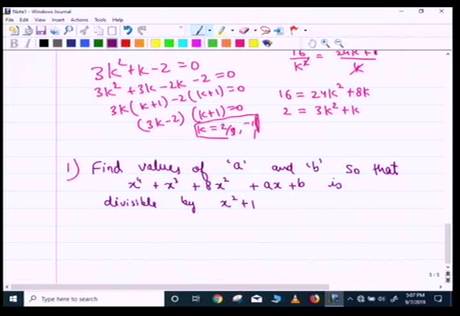Yes, Shillong, that is right. Yes, Itanagar, correct answer.